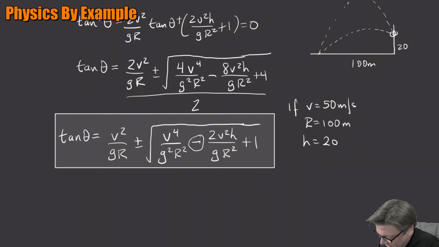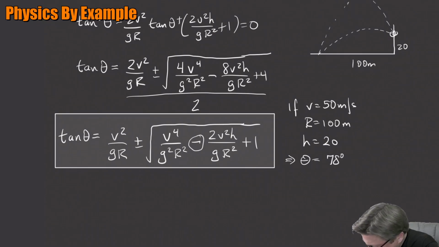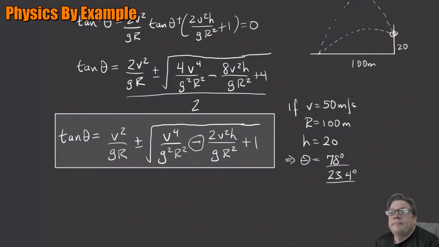If you plug all that stuff in, you get 2 values for tangent. One of them turns out theta is 78 degrees, and the other one theta is 23.4 degrees. Cool, so those are the 2 different launch angles that will eventually hit the target.